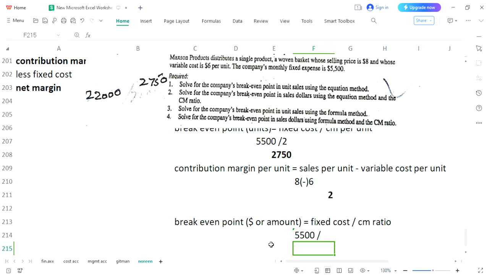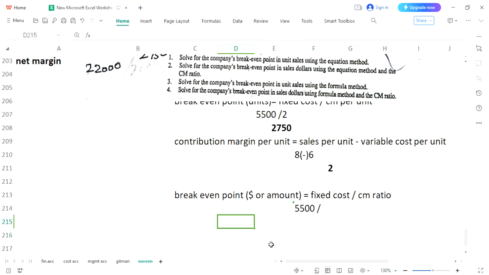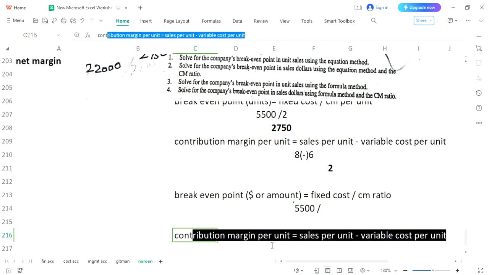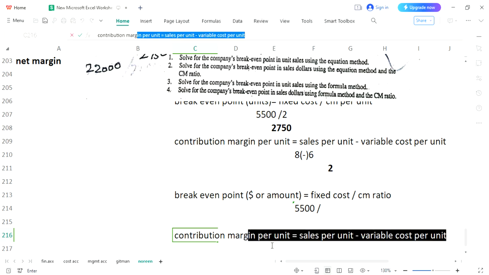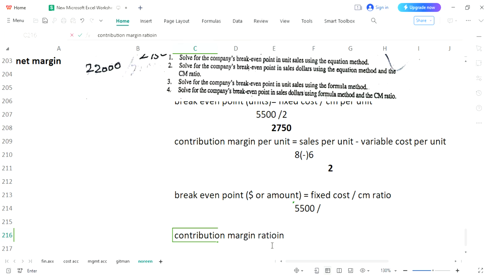So contribution margin ratio, how would you calculate? Contribution margin ratio would be calculated by taking contribution margin, and you will divide it by sales.